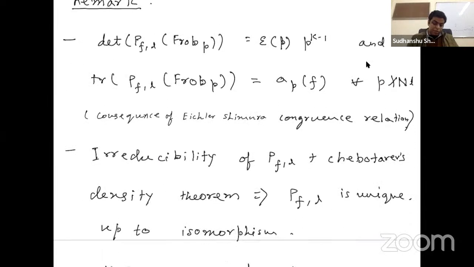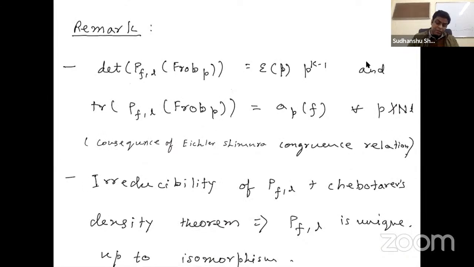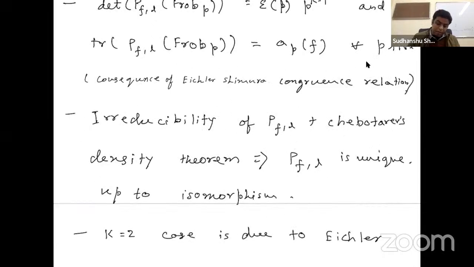So the absolute irreducibility plus the values of the traces and determinant at all but finitely many primes, using these two properties, one can easily show that there cannot be any other representation with these properties described in the main theorem.